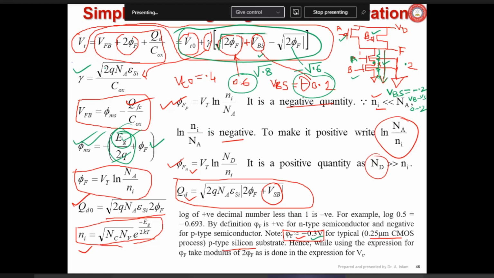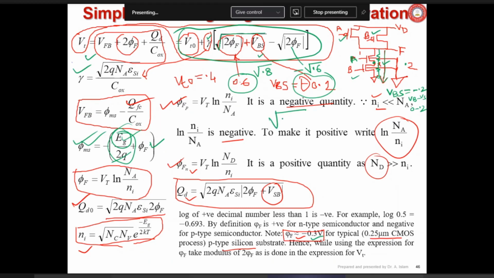So if the body and source of N MOSFET are not at the same potential, that is ground potential, then is Vt of N MOSFET increasing or decreasing? It will increase. So if you know the value of gamma, you can find out the value.